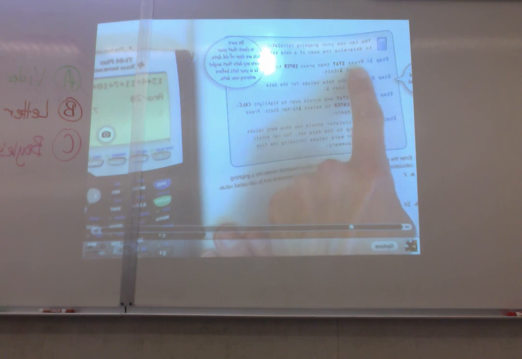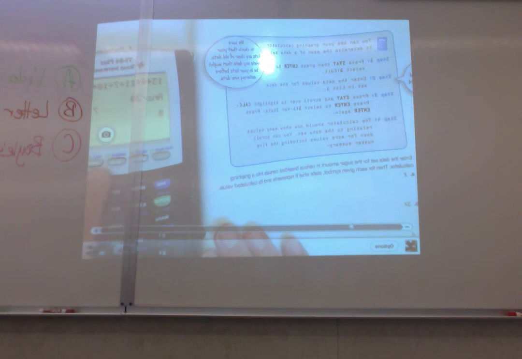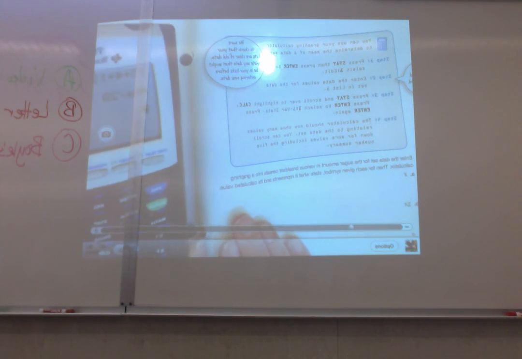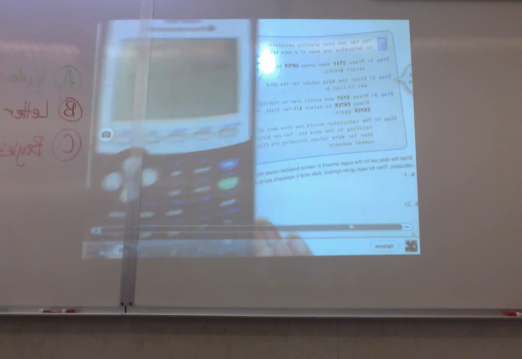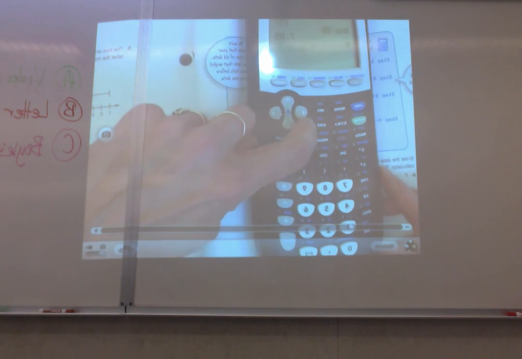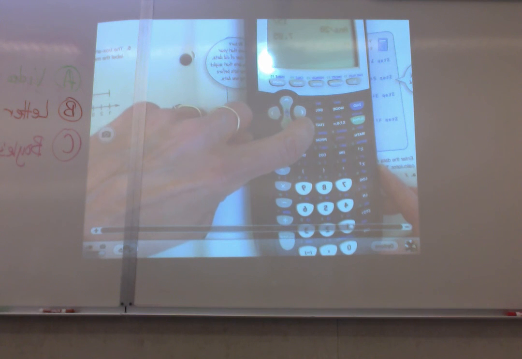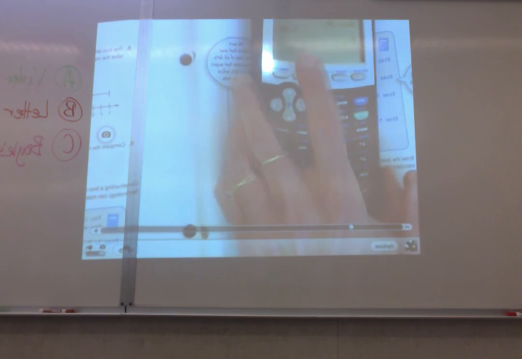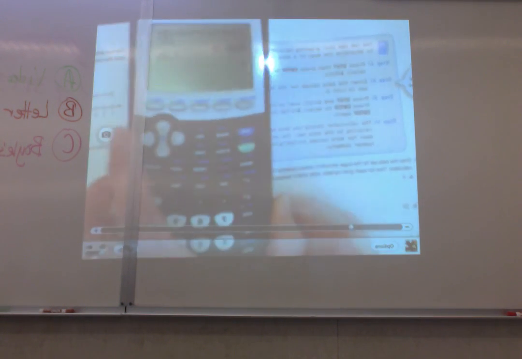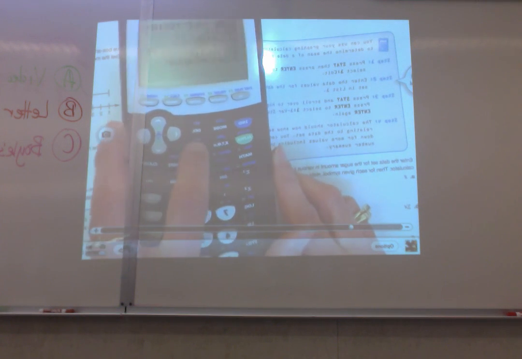Calculators. There's a button on your calculator called Stat. Find that button. There it is. Not stat plot, stat. It's right underneath delete and above program. That's going to help us deal with huge batches of numbers. Press stat.